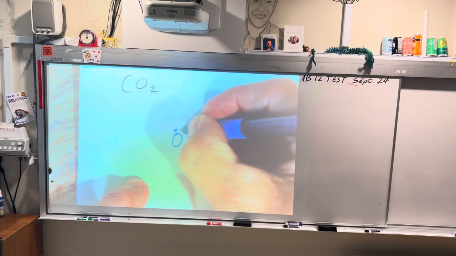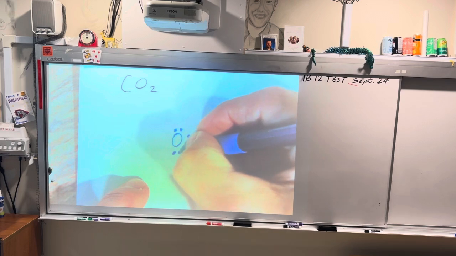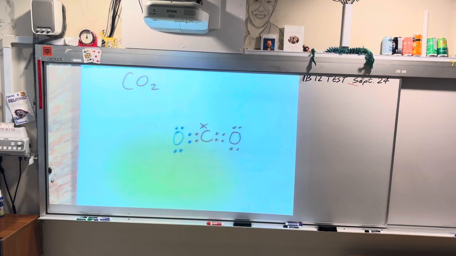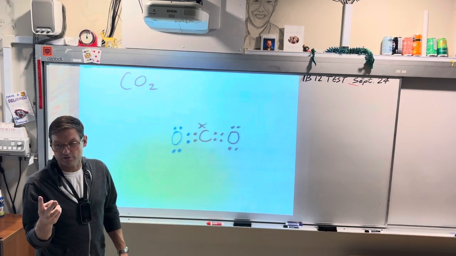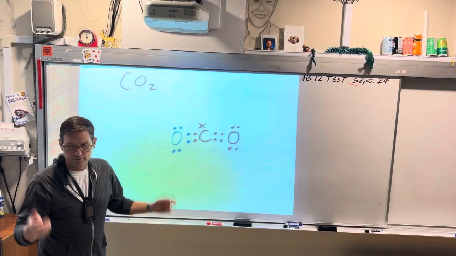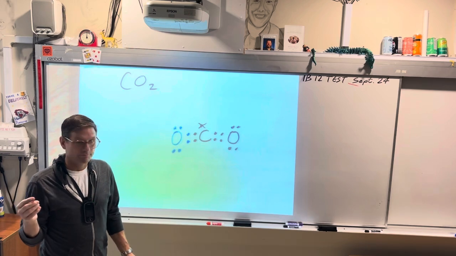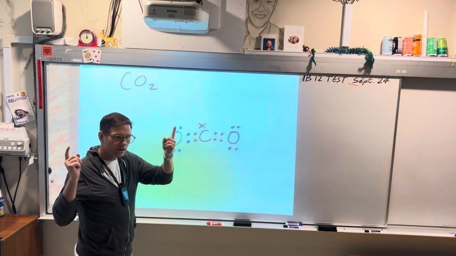Oxygen has 6 valence electrons, right? And it comes up to the carbon and goes, dude, I need 2 electrons. And carbon's like, yeah, cry me a river, I need 4. But they say, well, how about this?